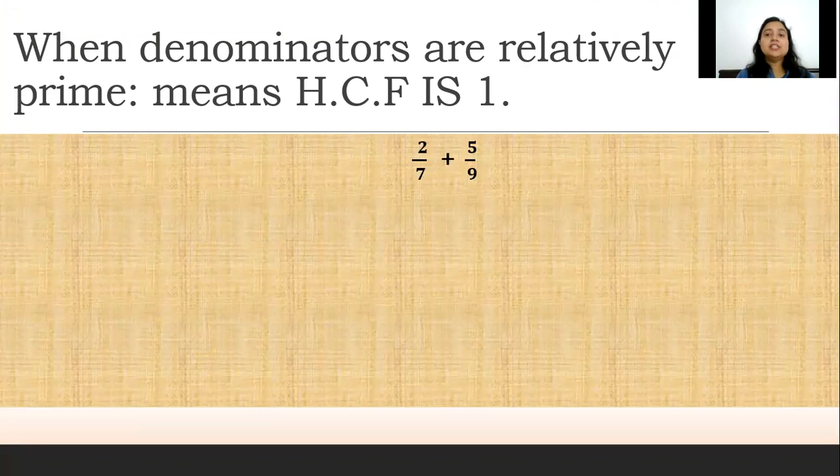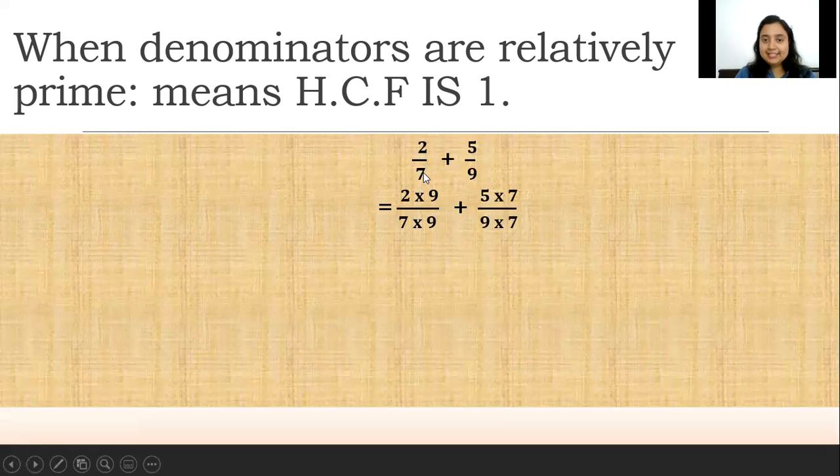The second situation is when the denominators are relatively prime, meaning they don't have any common factor, and the only common factor, or the highest common factor, they have is 1. Okay, because 1 is a factor of everything. So when their HCF is only 1, what do we have to do? Then there is a simple trick.